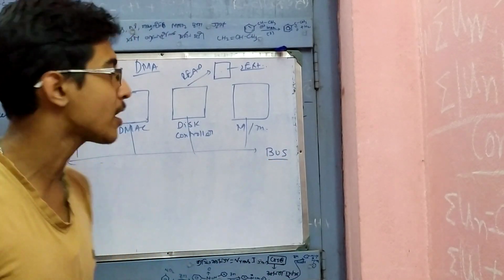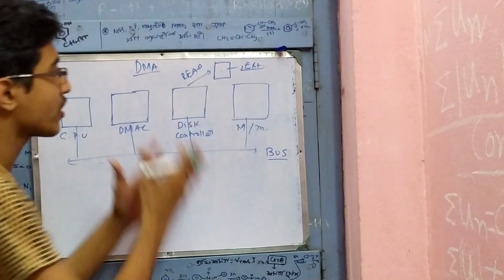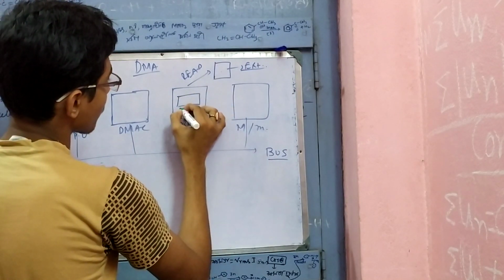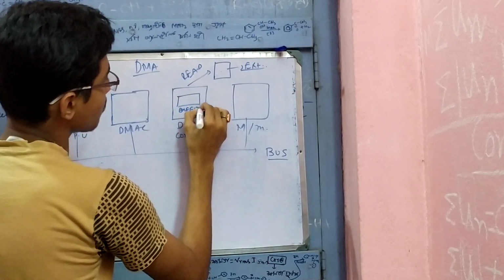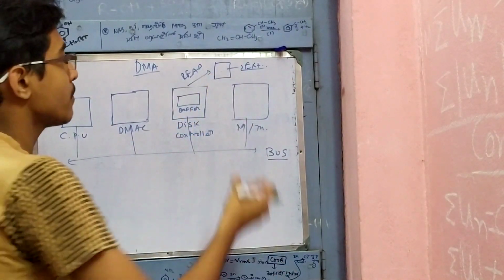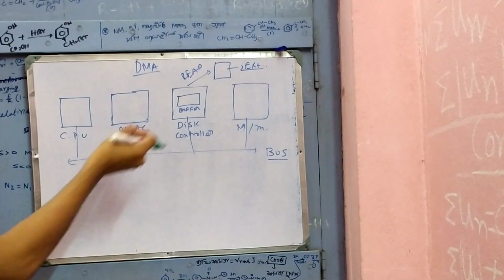It is not possible for the disk controller to store directly in main memory. So we have to store the data for some time. That's why we need a buffer, because it is a small, short-time storage unit. The data from the external device is stored into the buffer.